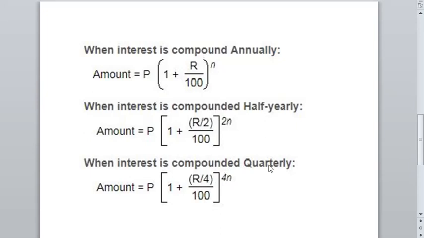If it is quarterly, then R upon 4 and raised to 4N. If it is monthly, then R upon 12 raised to 12N. Getting it? So this way the formula changes. Always remember one basic: if you divide R by some number, the same number you should multiply N by. That is the basic logic behind this.